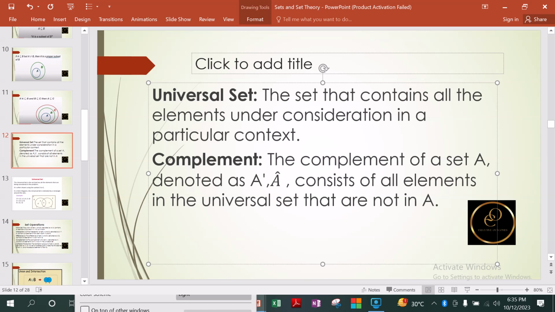They are all indicative that you are talking about a complement of a set. This complement consists of all elements in a universal set that are not in A. That's what the complement is. So all elements in the universal set outside the set of A, in short. That's what we call a complement of a set.